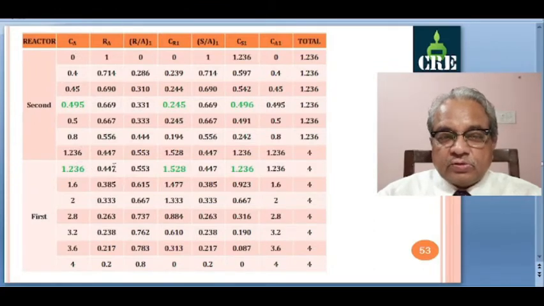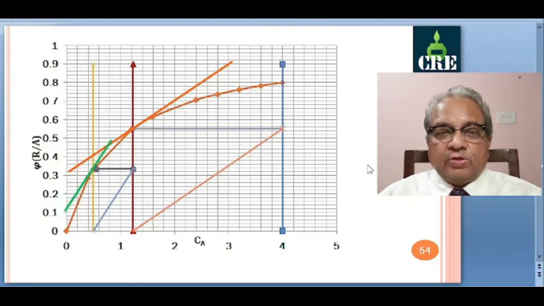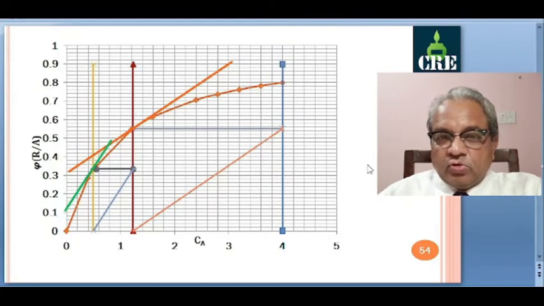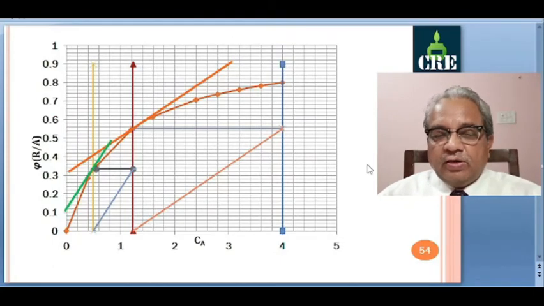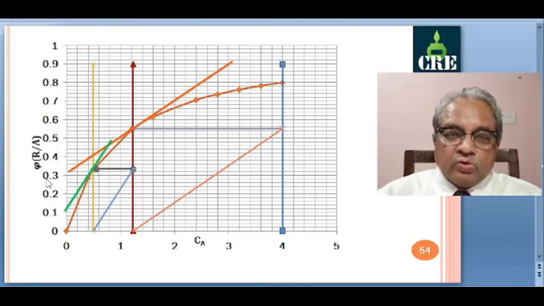Now these points are to be located, and that can be done by graphical method. So forget about the first part, we have done directly by taking the derivative equating to 0. You can do it by graphical method also. So this is our curve. Instantaneous yield R by A as a function of Ca.